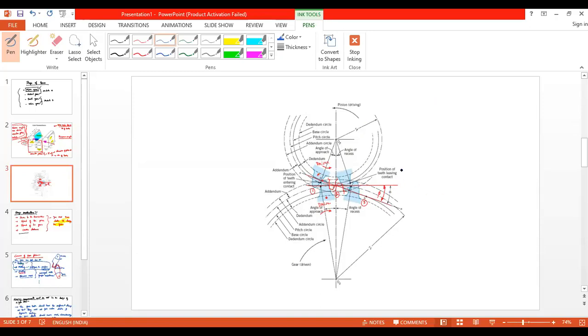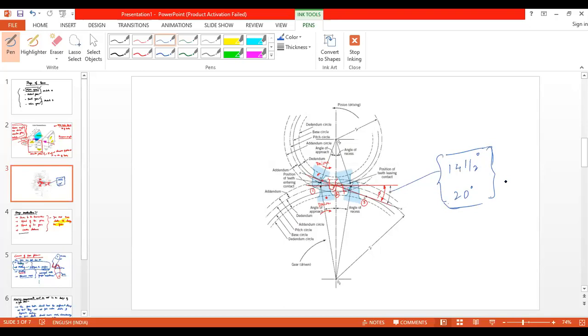There are some standard pressure angles. You could create any number of pressure angles, or design your own gears with a different pressure angle. But based on standardization, 14.5 degree and 20 degree are the standard pressure angles.